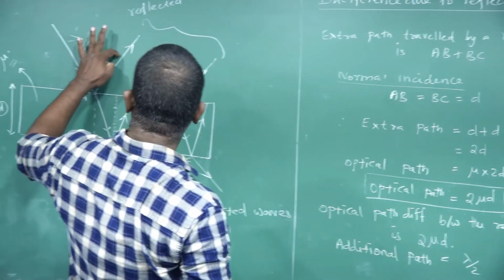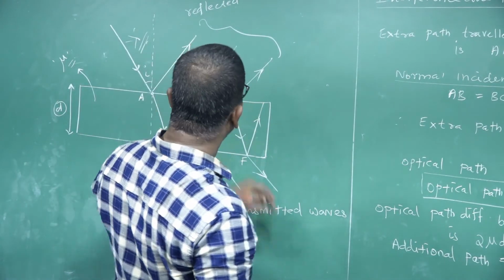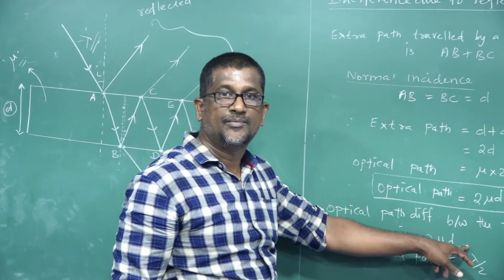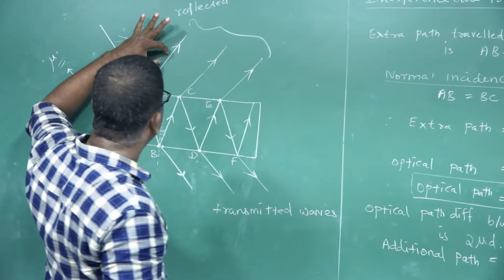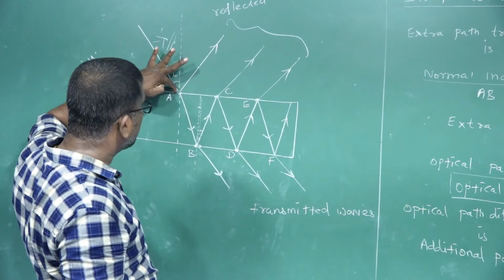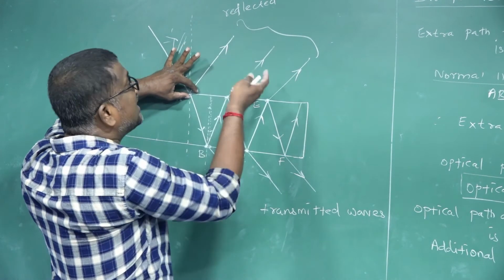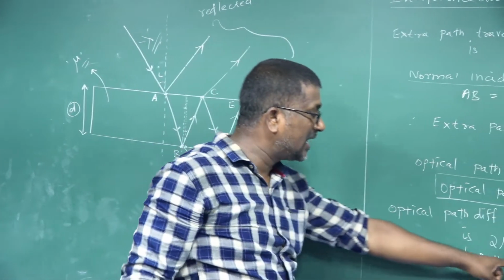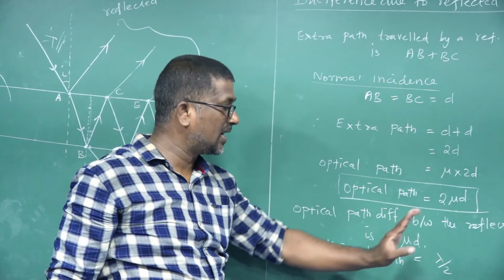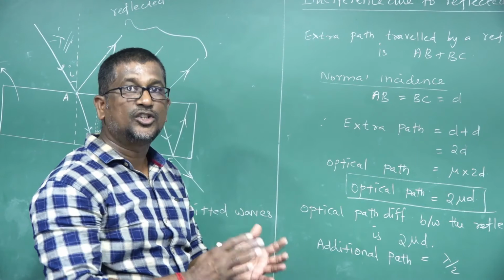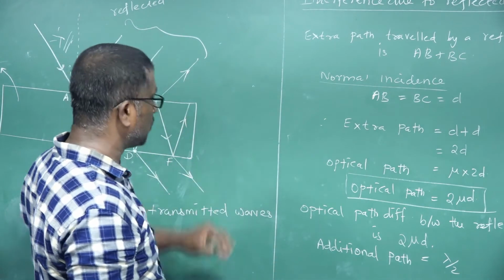The actual path difference between these two reflected waves is 2 mu d, and this reflected wave, which travels in the rarer medium and is reflected from the surface of the denser medium, suffers an additional path change of lambda by 2. What is the total path difference between these two reflected waves?